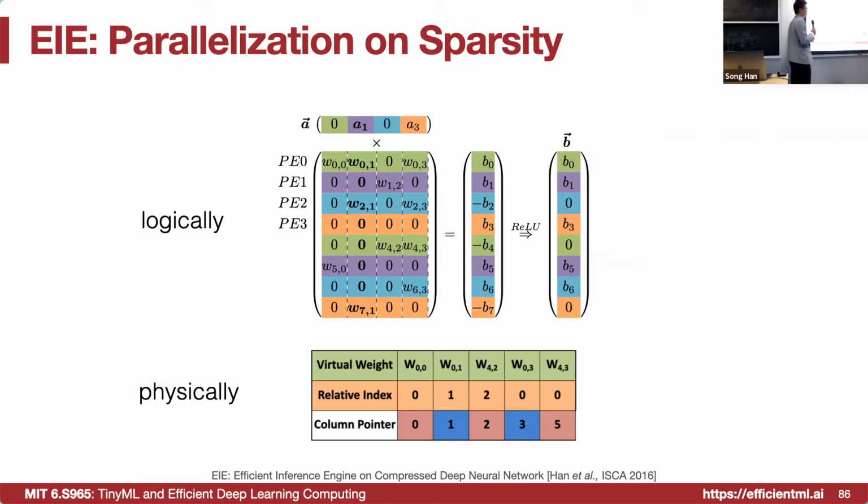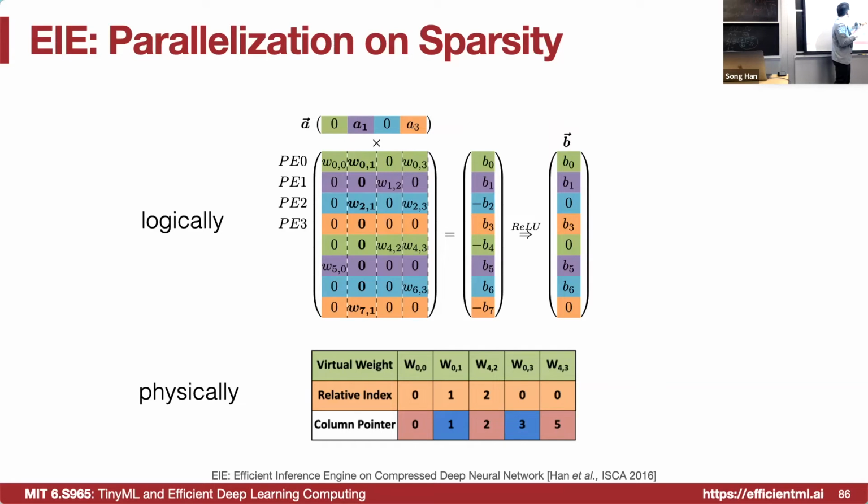And physically, they are stored in this way. For the matrix, for example, given PE0, the green PE, we want to only store those non-zero elements. In this case, W00, then W01, W42, W03, and W43. And also, we want to store those relative indices, their positions. The first one is actually 0. And then W01 is immediately after that, so we put a number 1.